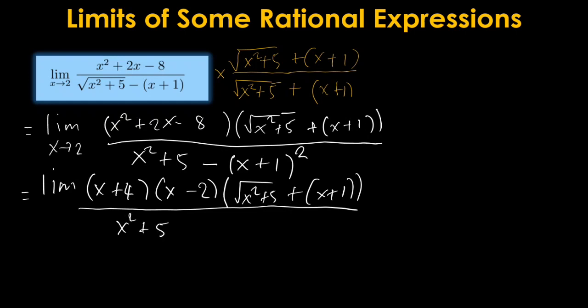Copy the denominator and then expand this. This will become x squared times negative is negative x squared. This becomes 2x times negative is negative 2x. It becomes 1 times negative is negative 1. Okay, we'll copy the numerator.